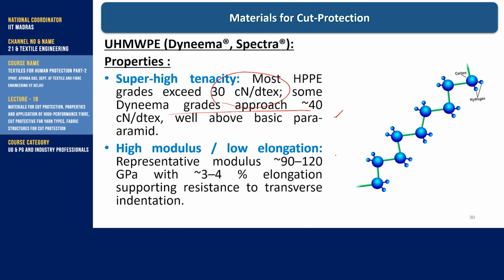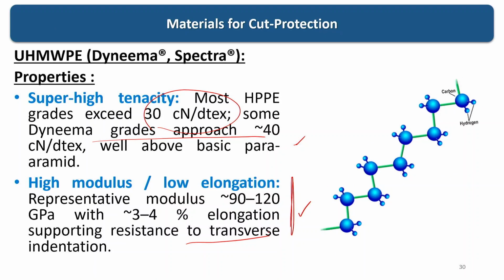That supports resistance to transverse indentation, like when a knife traverses in a cutting process; it is very highly resistant. So, for cut resistant material, ultra high molecular weight polyethylene is very widely used.